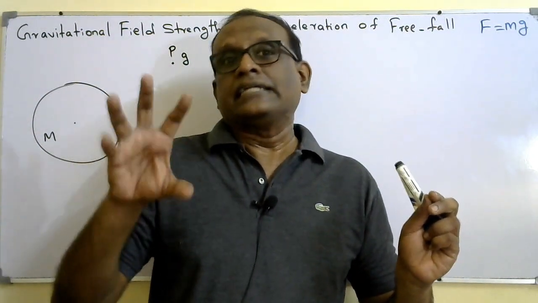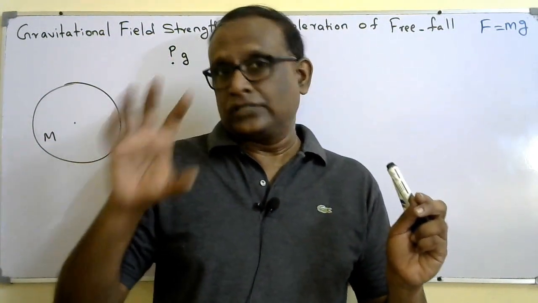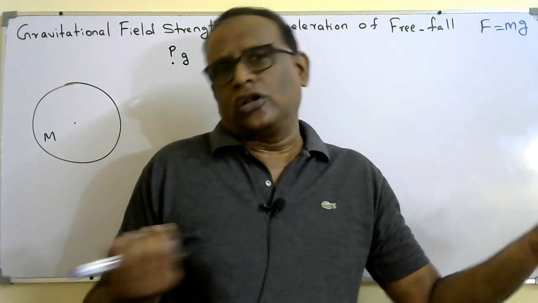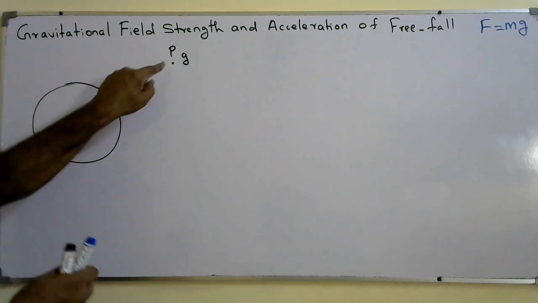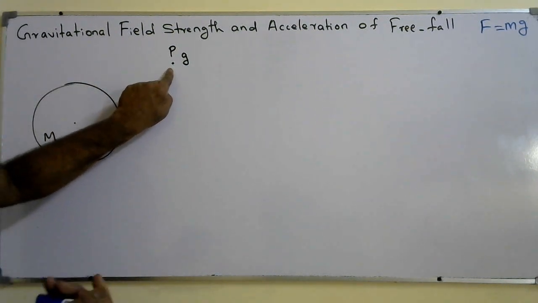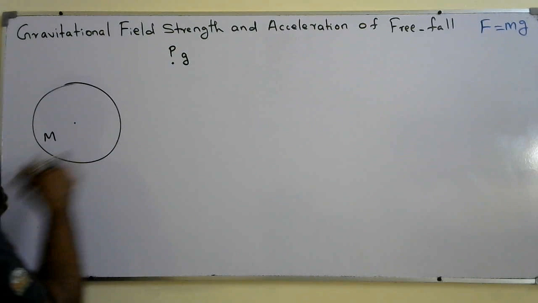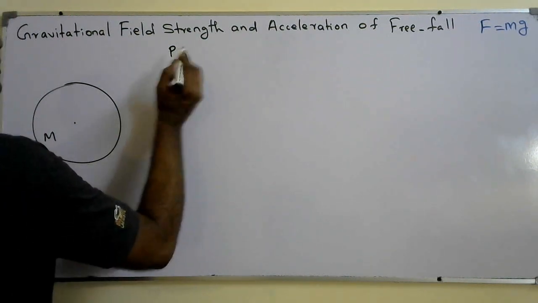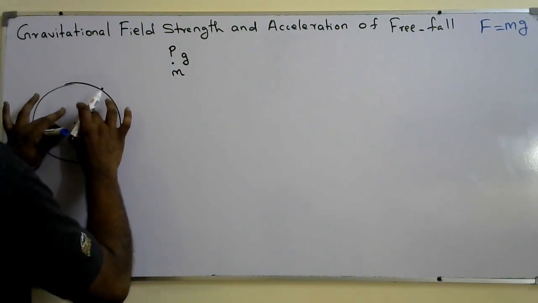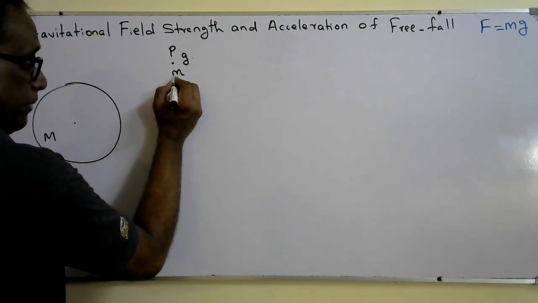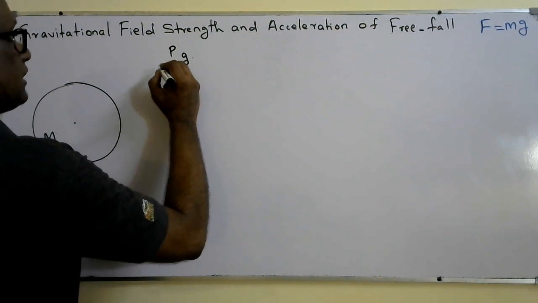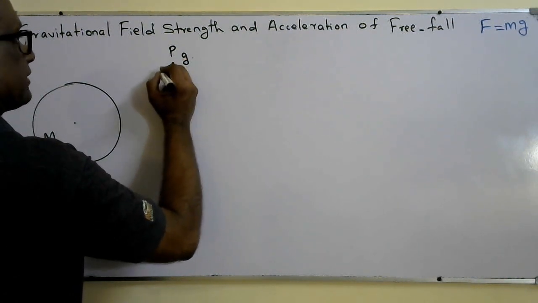One mass should be a massive object like a planet or moon. The other one could be a small object, no problem. So here's a massive object which is a planet. There's a small object which has mass m, and the gravitational field strength of this planet at point P is g, and at that point the mass m is kept. The gravitational force is always attractive.